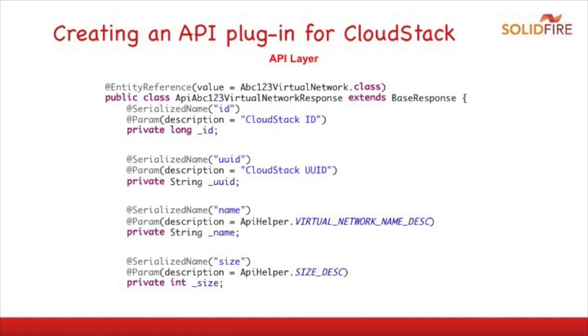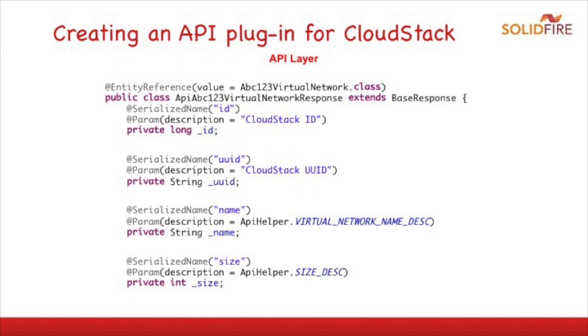What I do here is everything has @SerializedName and then some name. That's what the client is going to see. They're going to see a parameter come back, ID equals something, UUID equals something else. This is how I create a Java object and populate it with all the information I need.